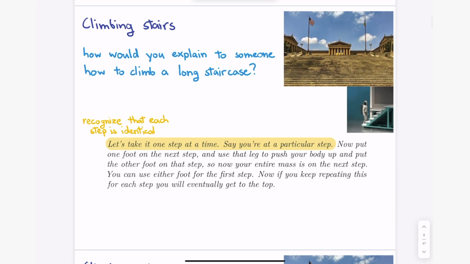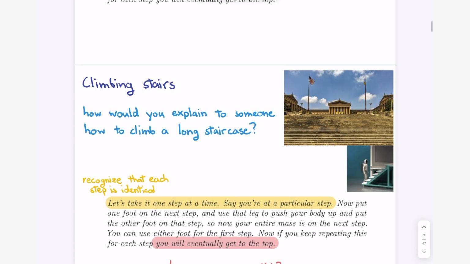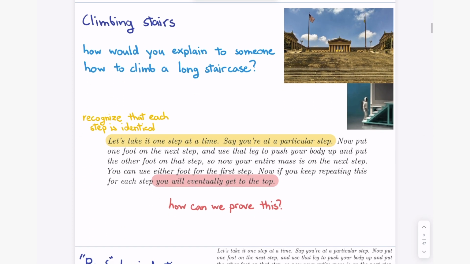So the key point is that you recognize that every step is identical. There's no point in making distinctions. And I guess really the bold claim is that this will work in perpetuity and will eventually get you to the top.